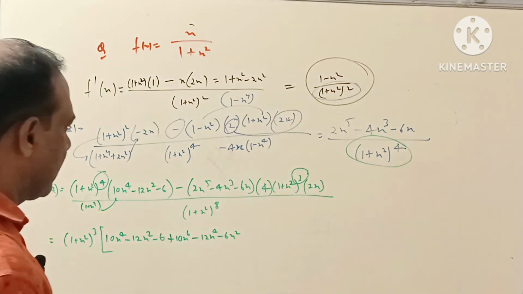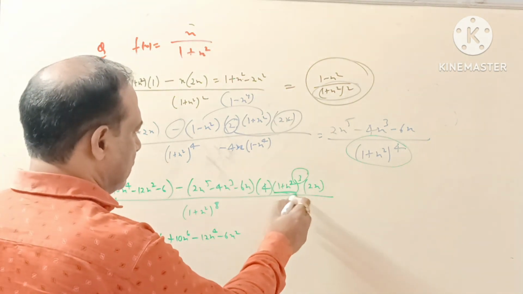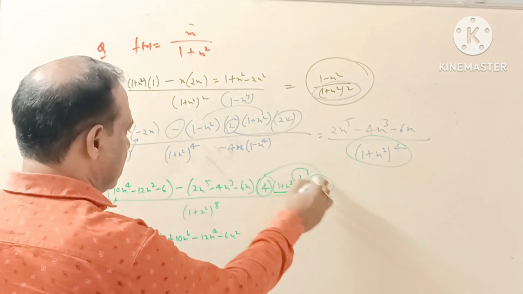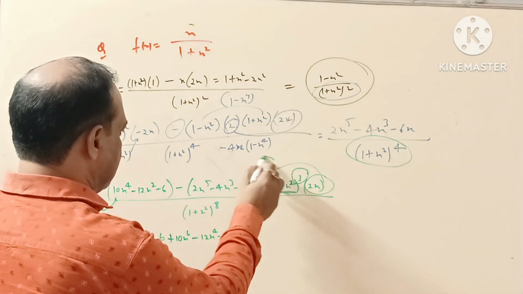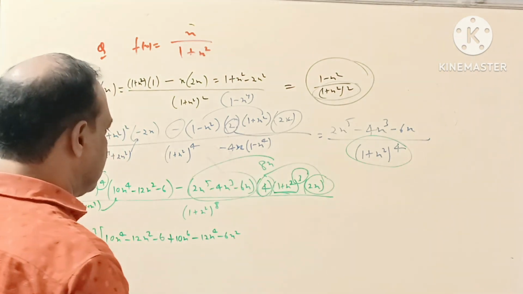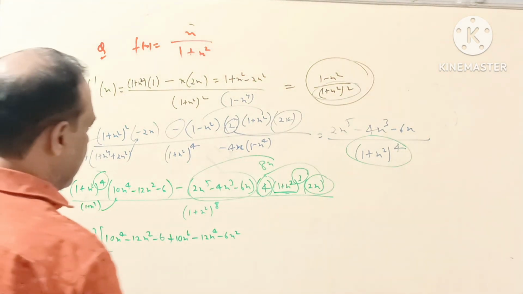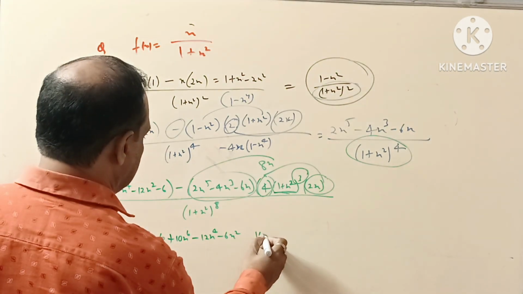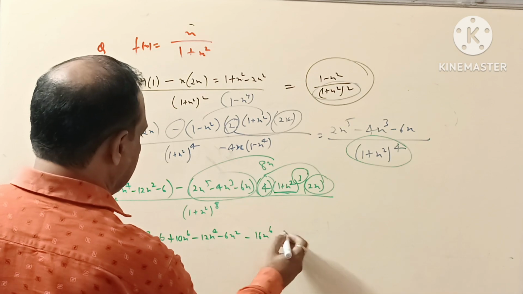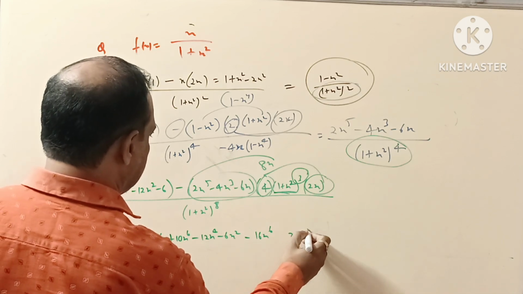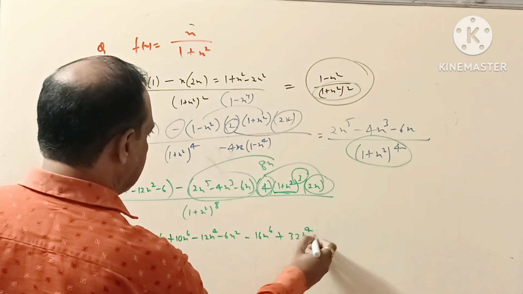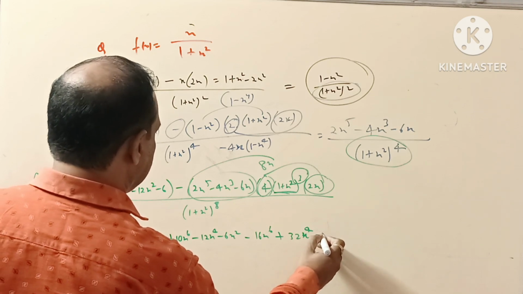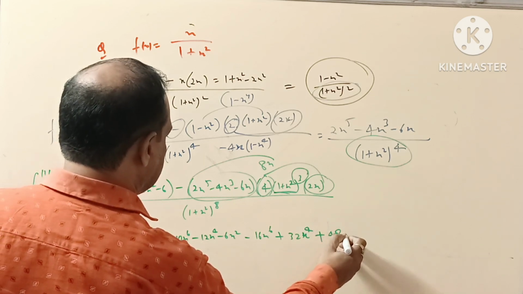Now here everything has gone out, and this is 2x and this is 4, this becomes 8x. I have to multiply this 8x by all of this. Now it will be equal to 16x raised to power 6 with a negative sign, 32x raised to power 4 with positive sign, and furthermore this is positive sign with 48x.